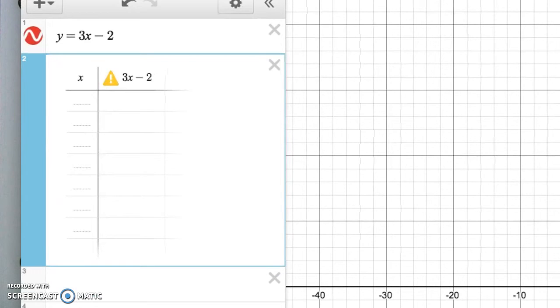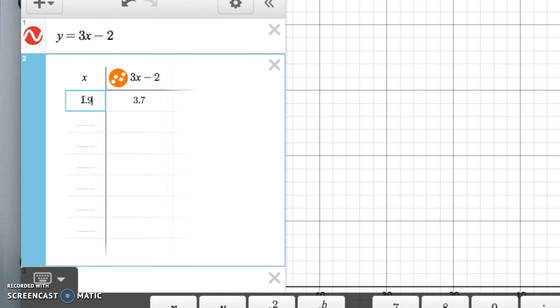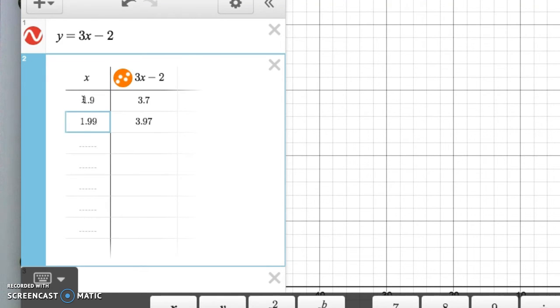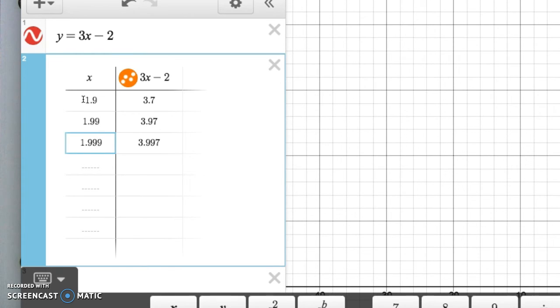So what I did was I picked 1.9. 1.9 is pretty close to 2. So I get 3.7. But what if I get closer to 2? Say 1.99. So now I'm even closer. What if I get really close, 1.999? And then we'll look at what happens at 2.